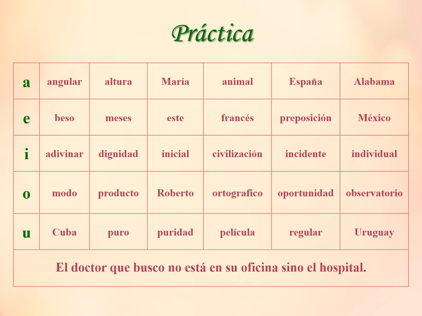You don't have to speak it very quickly, but concentrate on your vowels. El doctor que busco no está en su oficina sino el hospital. Okay, one more time after me. El doctor que busco no está en su oficina sino el hospital. Good.